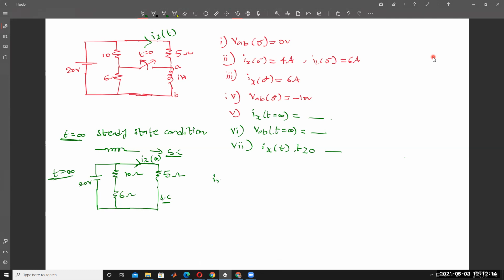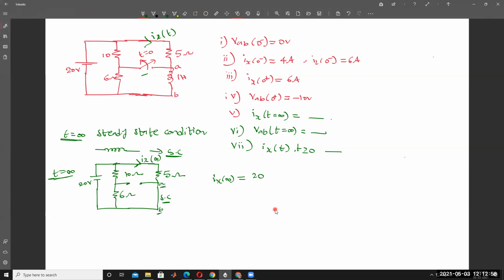Ix of infinity is nothing but V by R. The voltage across the 10 ohm resistor and 6 ohm resistor is the 20 volt source, and the voltage across the 5 ohm resistor is also 20 volts. Because at t equals infinity the switch is open circuited, the 10 ohm resistor and 6 ohm resistor become series, along with the 5 ohm resistor. This is called the A and B terminals.